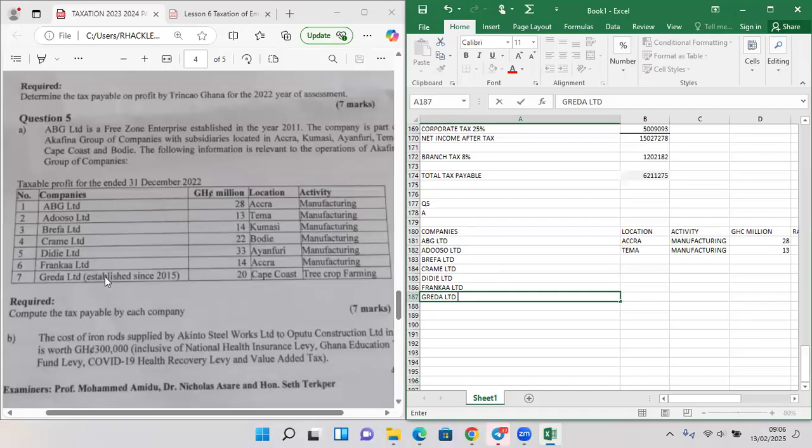And they say it was established since 2015. So this one is in Kumasi. This one is in Bole. It is in Ayan Furi. And it's in Accra. So this is about tax planning.